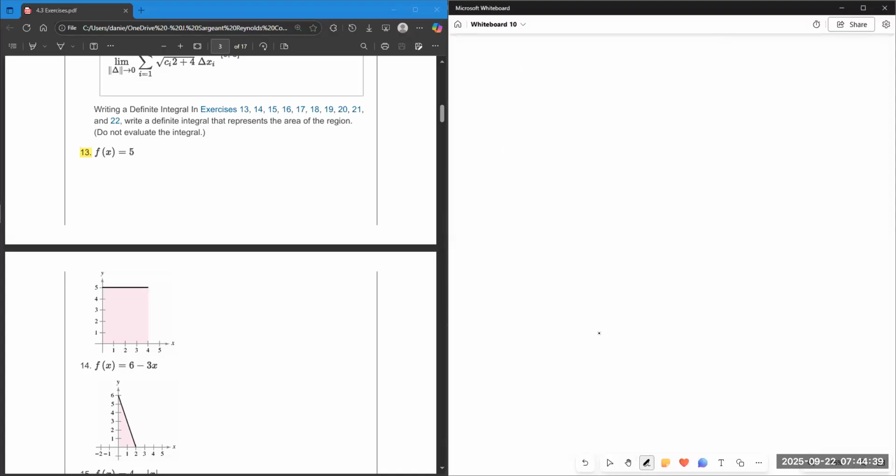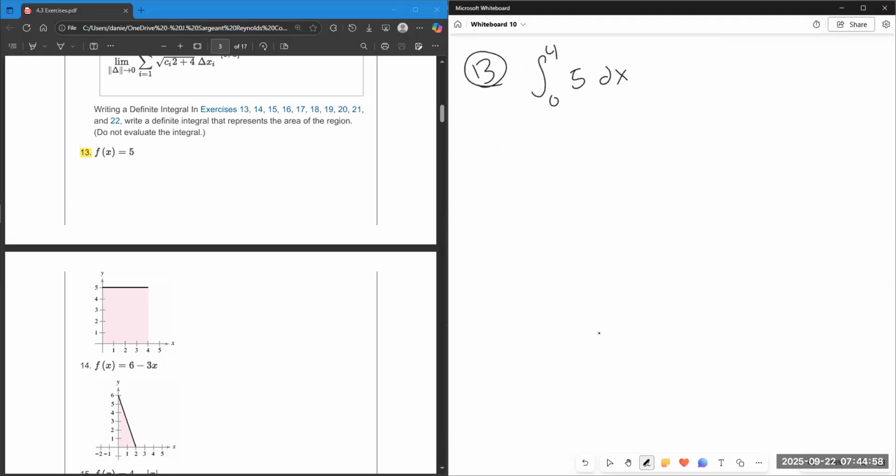But let's get to some of our questions from homework now. If I have f of x equal to 5, and here's the picture that gives me the region from 0 to 4, I can write that area as the integral from 0 to 4 of 5 dx.